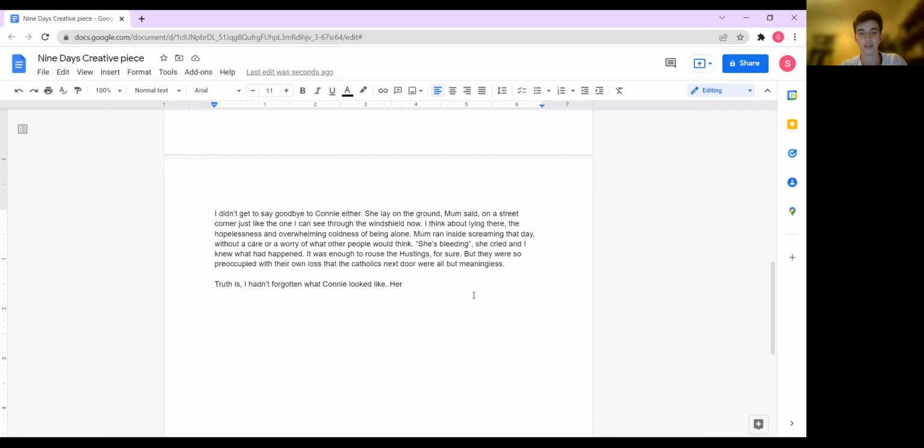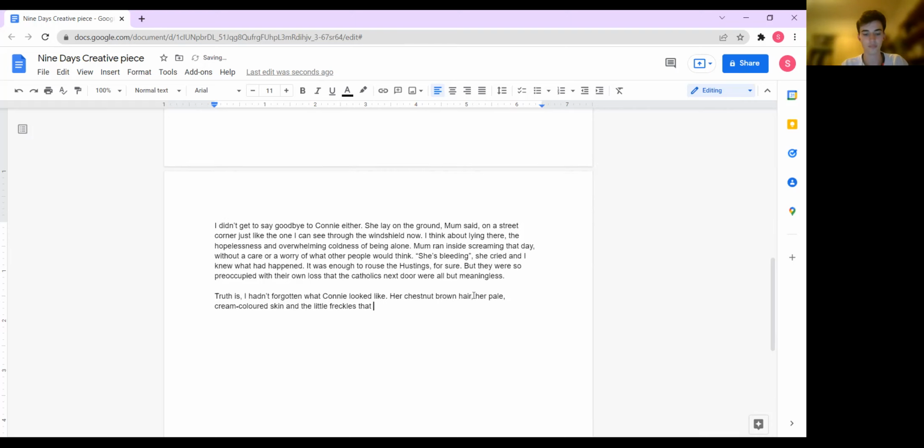So I'm going to draw on some of that knowledge here. Her chestnut brown hair, her pale cream colored skin, and the little freckles that were peppered all over her nose.